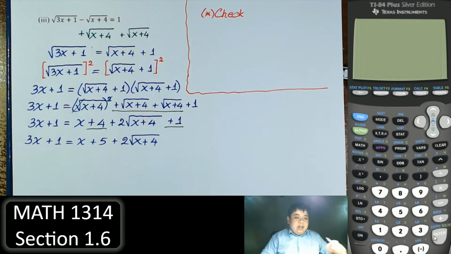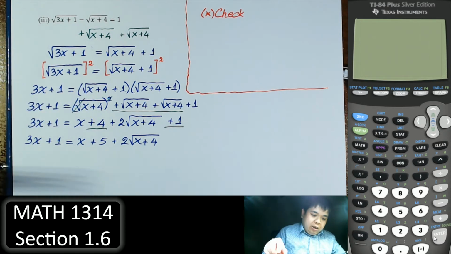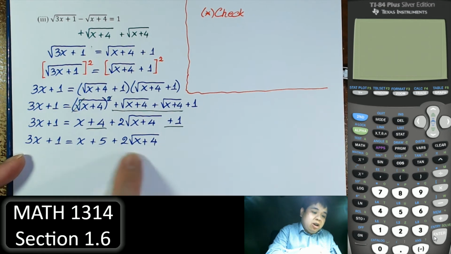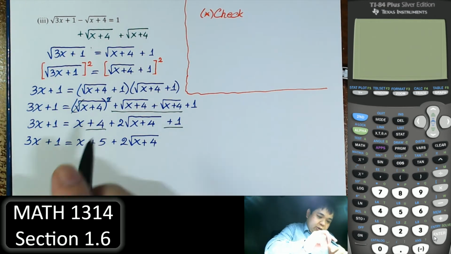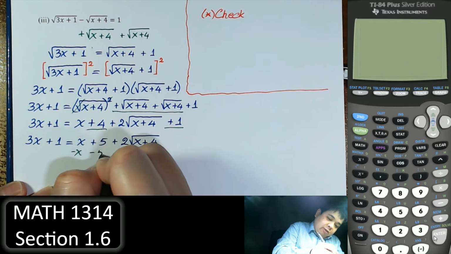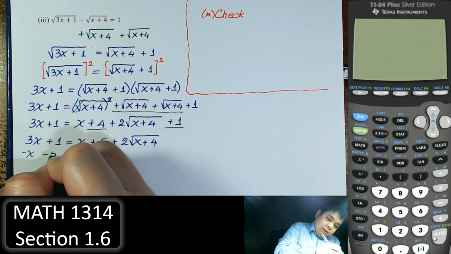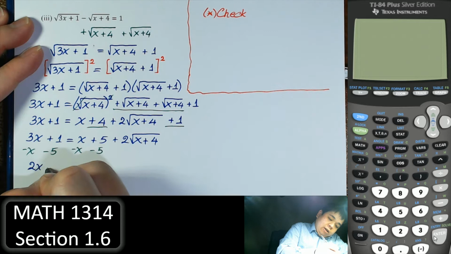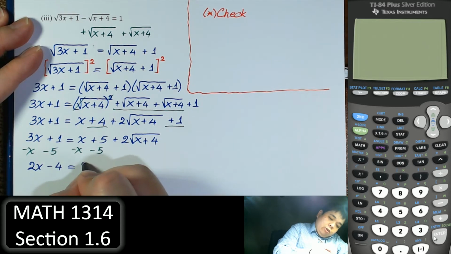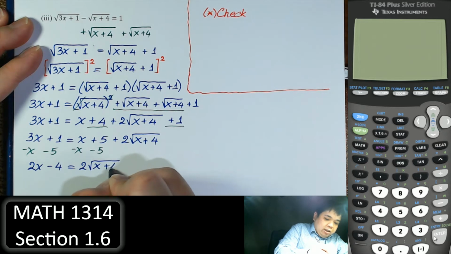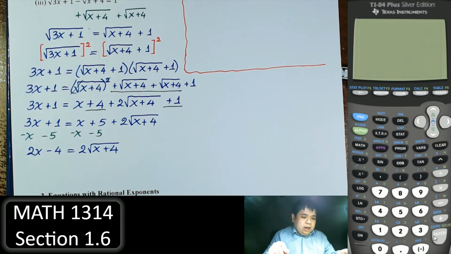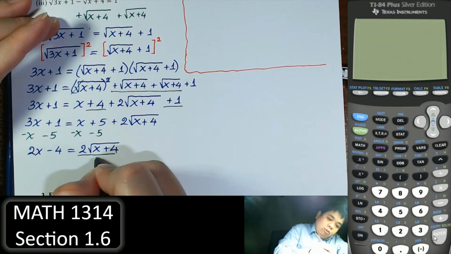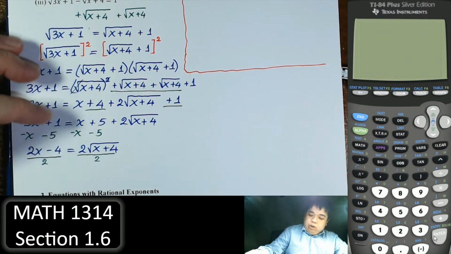Right, once again we have a square root still, so isolate that square root and square both sides to get rid of that square root. So let's keep 2 times the square root of x plus 4 on this side, and move everything here. So minus x minus 5. Here we have 2x minus 4 equal to 2 times the square root of x plus 4. Right. Not only that, here we can divide by 2 on both sides.